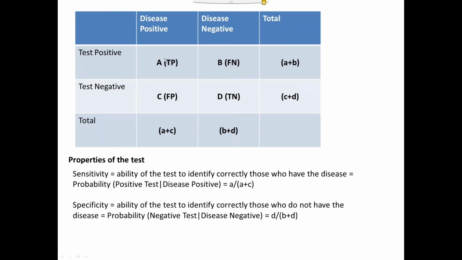The true positives are people for whom the study test is positive and who actually have the disease of interest. The true negatives are the people for whom the study test is negative and who don't have the disease.